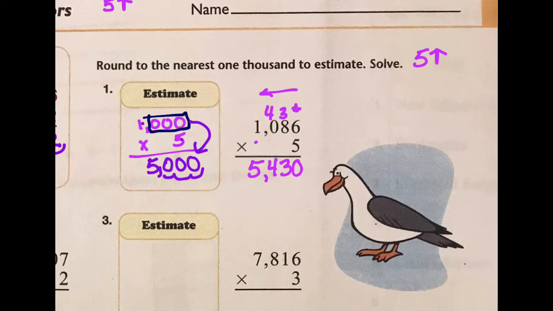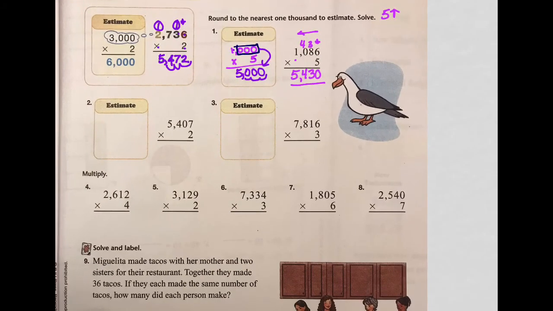There we are. So basically, if you look at the answer, 5,430, if we were to estimate it to the 1,000s place, it would be 5,000 because 4 is less than 5. All right. So you go ahead and work on the first 8 problems.